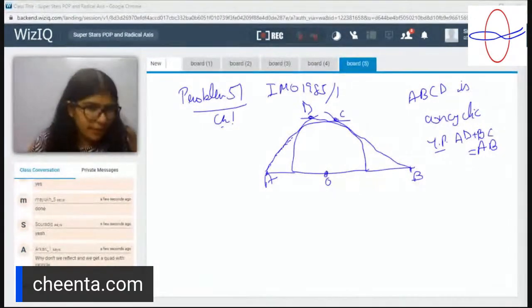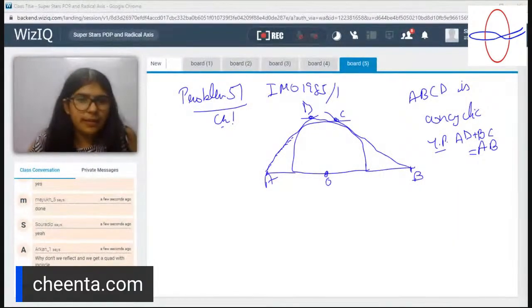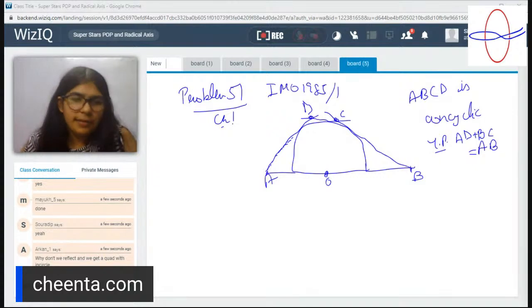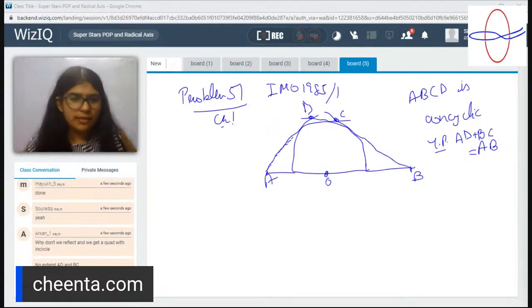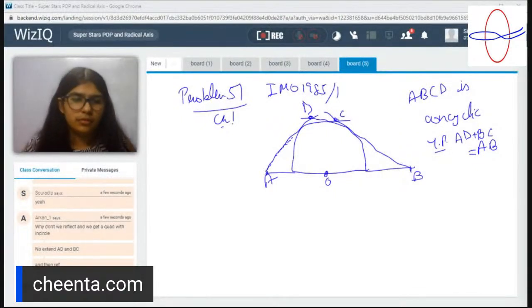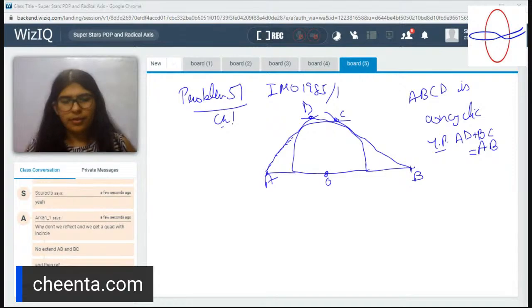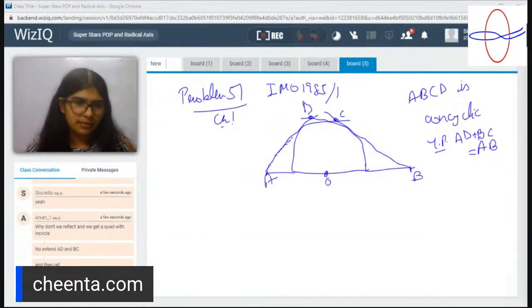Not really. It won't be a quadrilateral, it will be a hexagon, and that's not very nice to work with, right? So you have AD plus BC equals AB. You see AD, BC, and AB, these three. That is also not that useful because then B and C are just random over there, right?